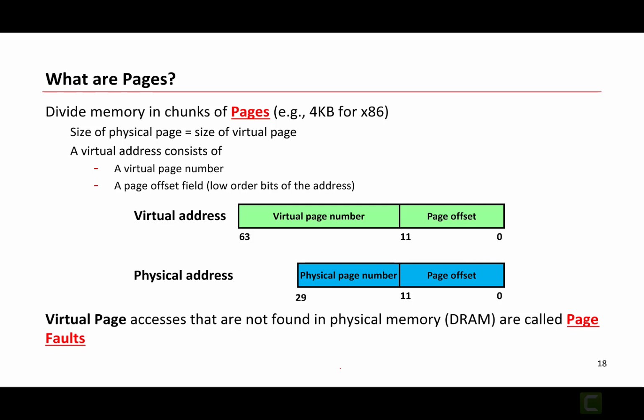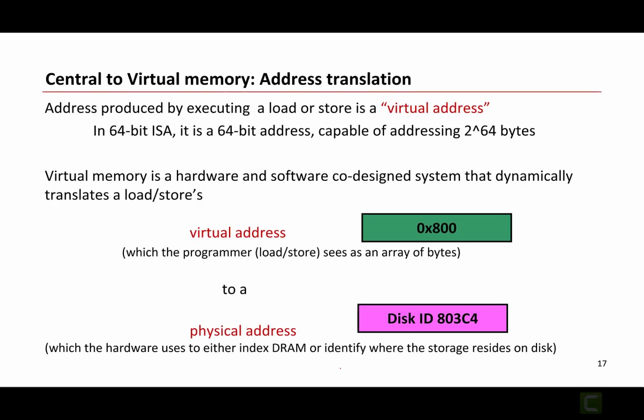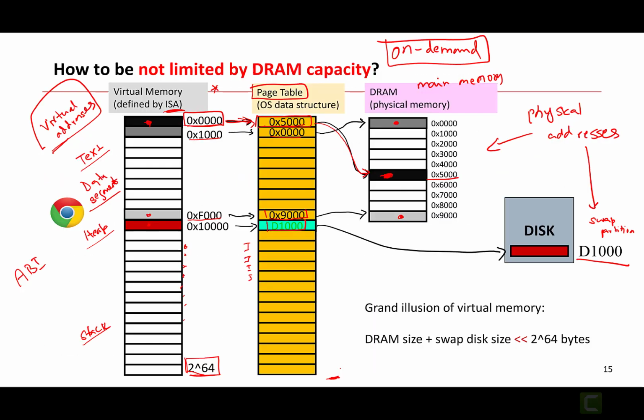So to understand how this conversion happens, first we need to think about what should be the translation table that the operating system needs to maintain. So we talked about this table called the page table, and so far I've been saying that for every virtual address there is an entry in the page table that tells you where the physical address is.